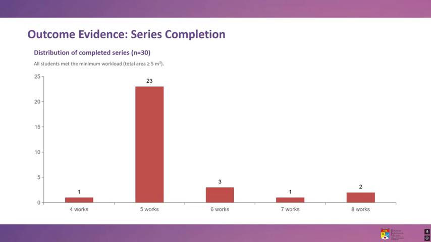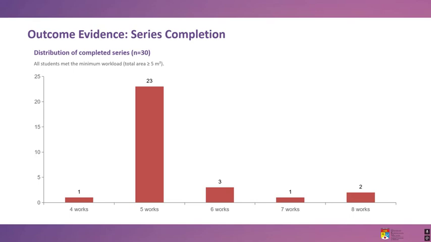Now I move to the outcome data. In cycle 2, each student needed to meet a minimum workload, at least 5 square meters in total. All 13 students met this requirement.